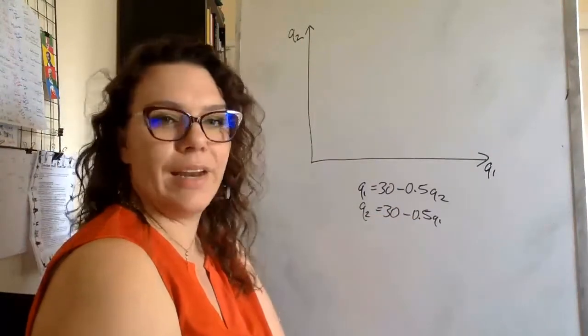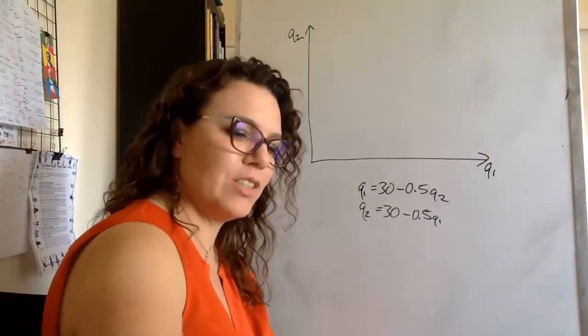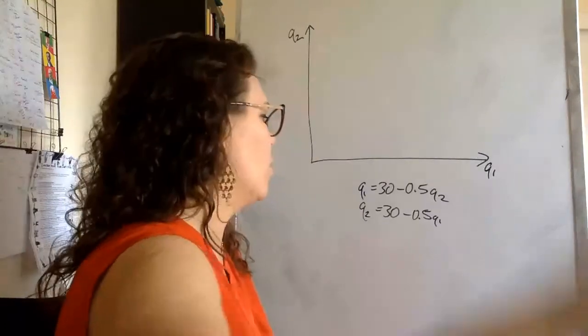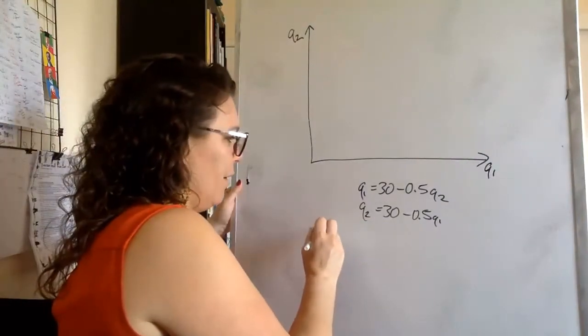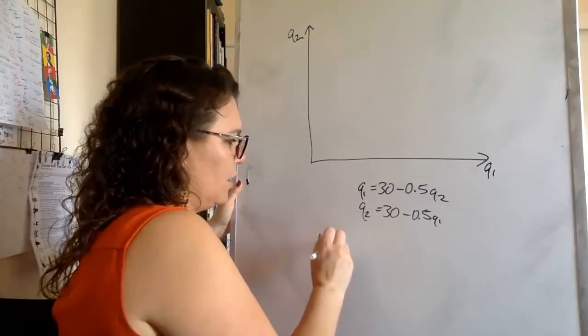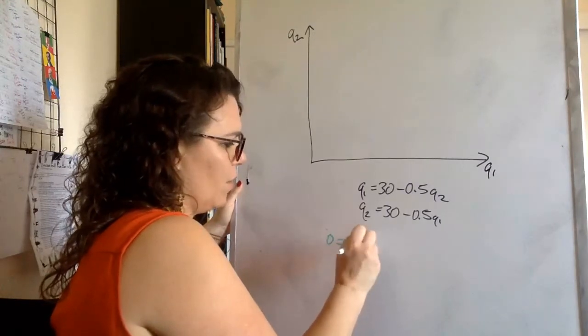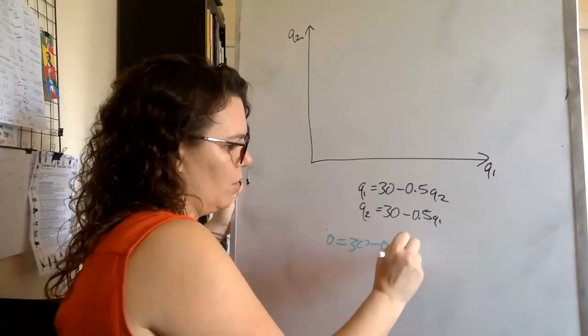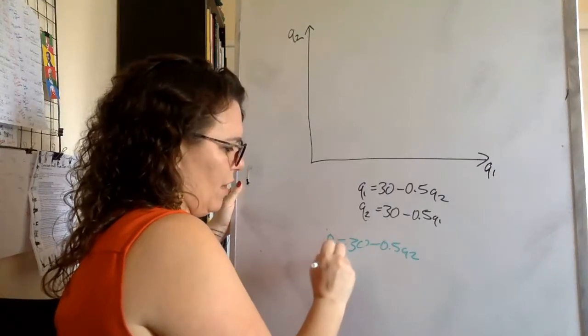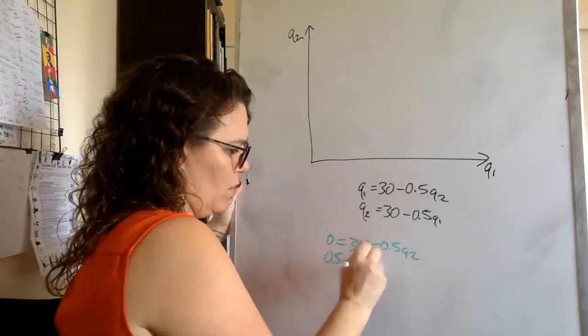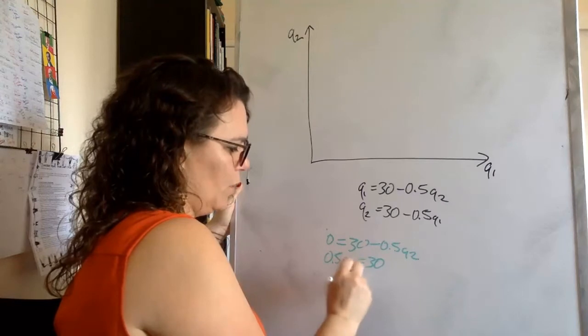So we can, again, solve for the endpoints by solving for 0 in these cases. They're going to be parallel. If I set Q1 equal to 0, that gives me 30 minus 0.5 Q2 equals 0, so 0.5 Q2 equals 30, and Q2 equals 60.